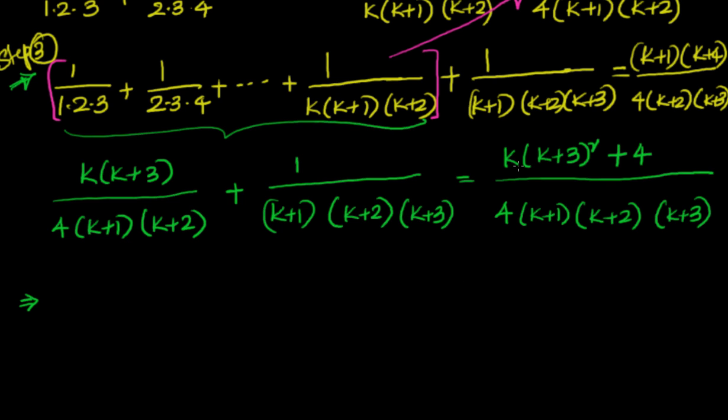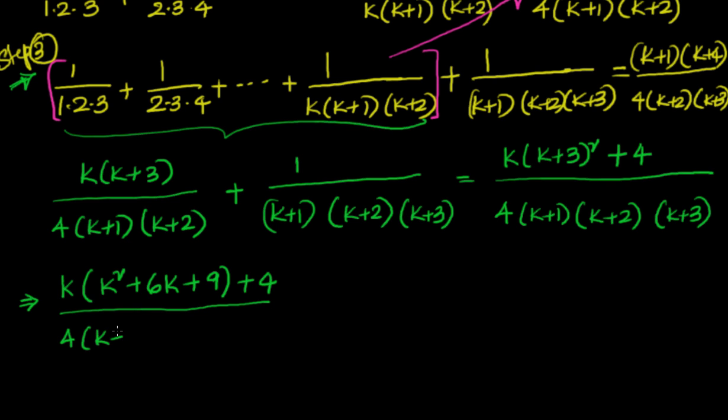now I can multiply this: k into (k square plus 6k plus 9). So I'll write another step here, that is k into, if I expand this, (k square plus 6k plus 9) plus 4, divided by 4 into (k plus 1) into (k plus 2) into (k plus 3).